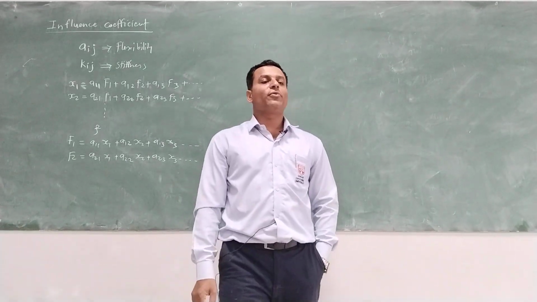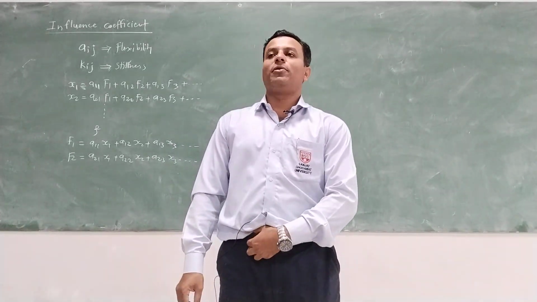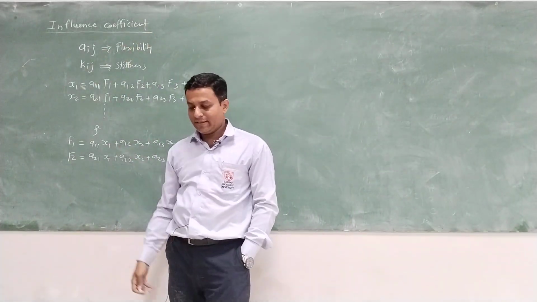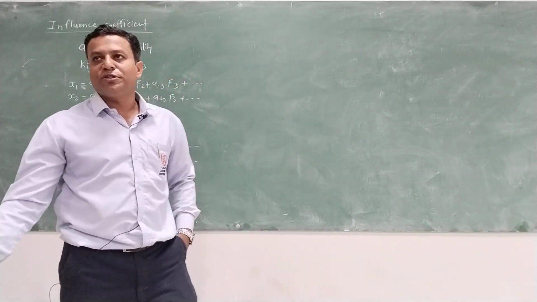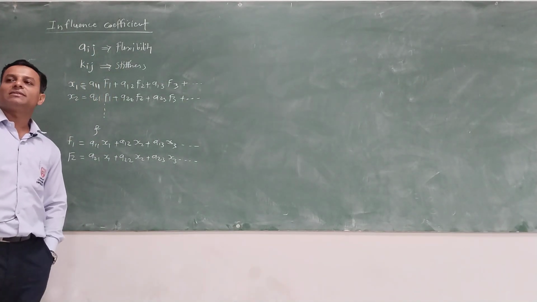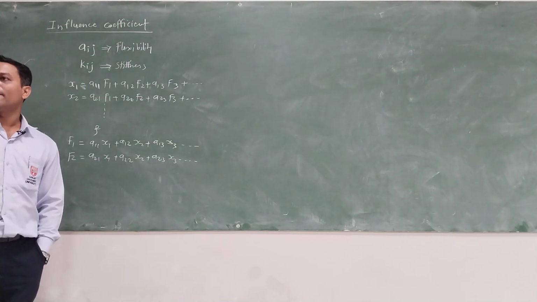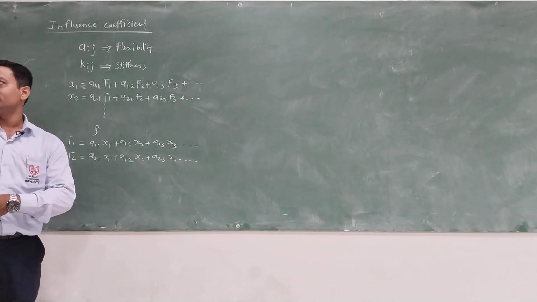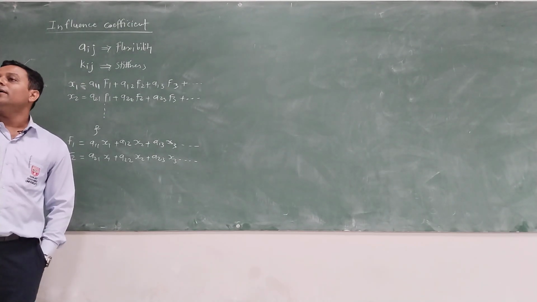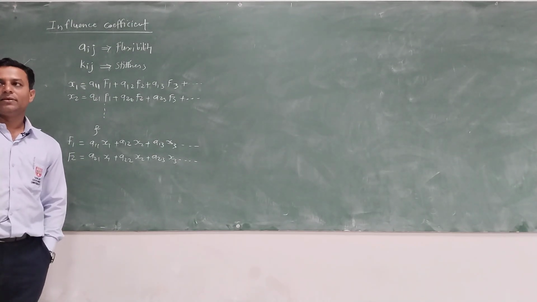Okay, so we are going to see the next point from multi-degree of freedom, and that point is influence coefficient. Now, what is this influence coefficient? To solve problems like the matrix iteration method, we will require the equations not in differential form, but in influence coefficient form.